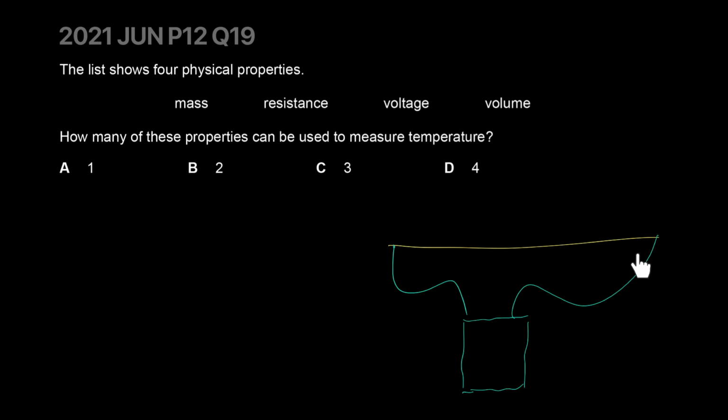But if I give you, let's say, some object that fit really well into another object, and it's not fitting anymore, what can you deduce about the temperature? You'll probably say that thing is a lot hotter than it was because it can't fit into that object anymore. So volume can also indicate that there's a difference in temperature, even higher and lower.